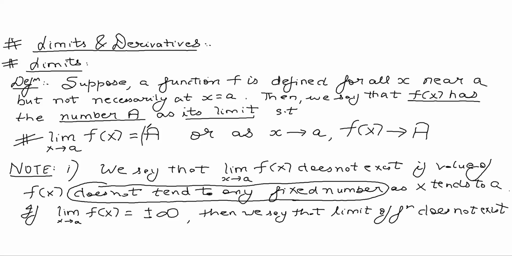Initially it was tending to a fixed number, capital A, so we said that the limit exists. But if your function is not tending to a fixed number, it is going to either plus infinity or minus infinity, in that case we say that the limit does not exist.